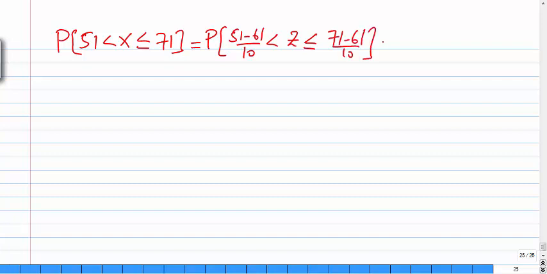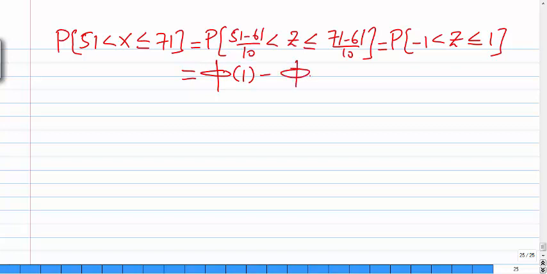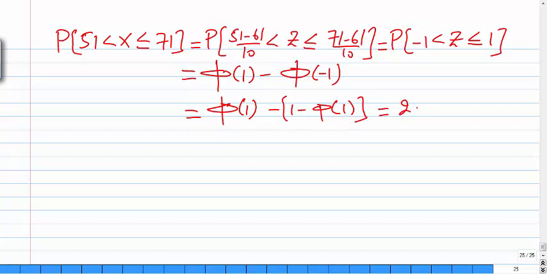So it becomes the probability of minus 1 less than z less than or equal to 1, which is equal to phi of 1 minus phi of minus 1. Now again we apply the formula: phi of minus 1 can be written as 1 minus phi of 1. So from here it becomes 2 phi of 1 minus 1.